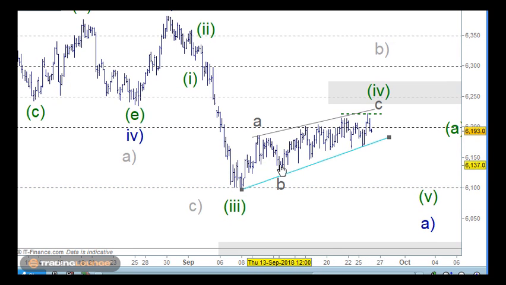I've just been looking at different ways to count all of this, but every time I look at it, we're always getting 5 waves to the upside and 3 to the downside. 5 to the upside, 3 to the downside, and even these here are 5 to the upside and 3 to the downside here.